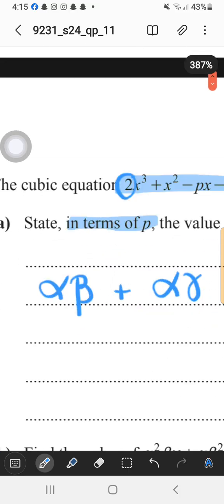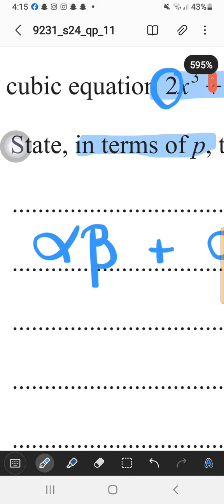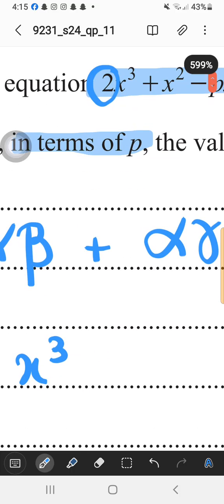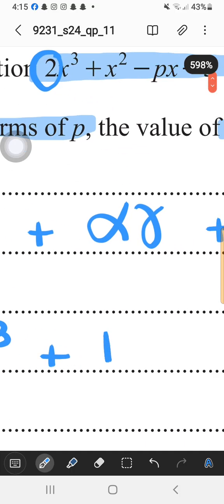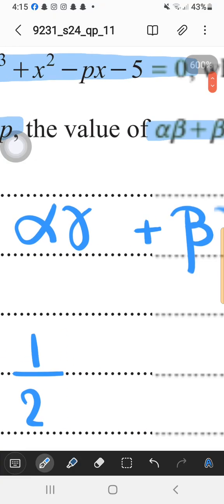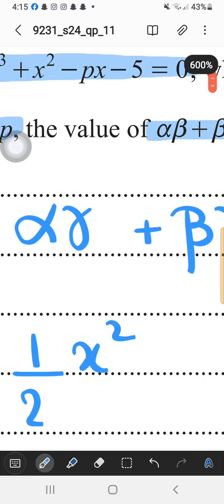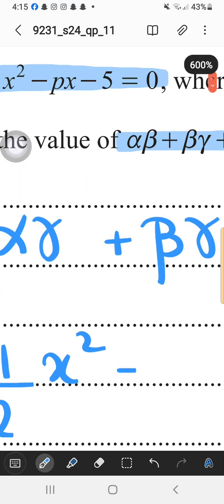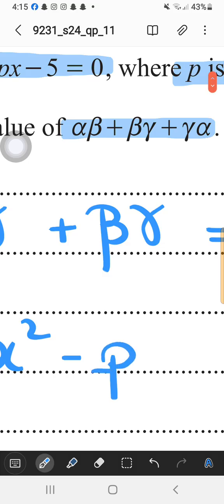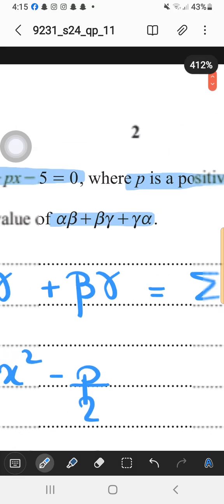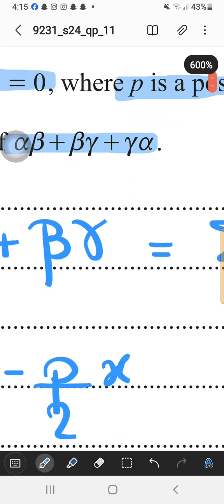So we will do this: x cube plus 1 upon 2 x square minus p upon 2 x and minus 5 upon 2 is equal to 0.